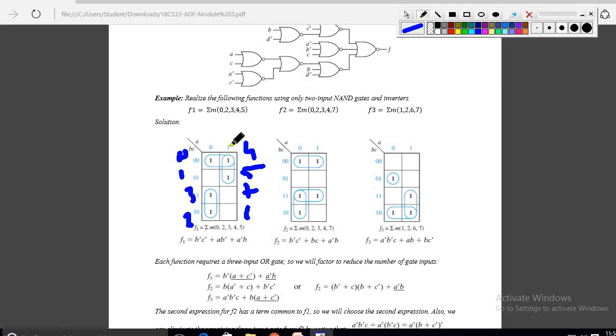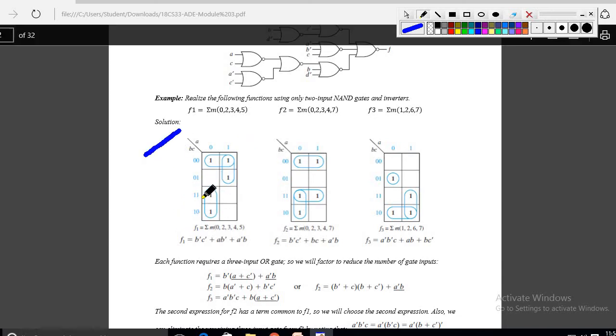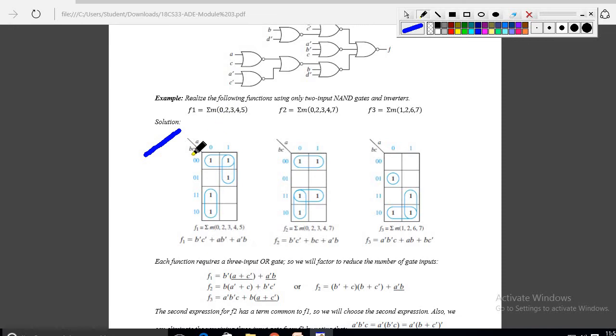So grouping has to be done here. One grouping I am doing. So what does this grouping mean exactly here? 1 0 will go because it is a 3 input NAND gate we have to show. Directly I am writing ABC here because here 0 to 7 is there, so only 3 input.